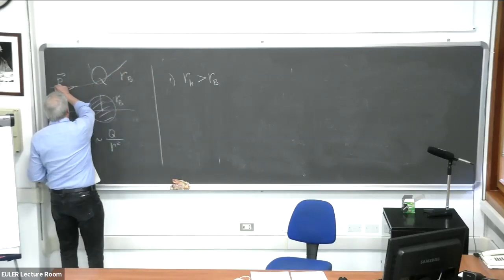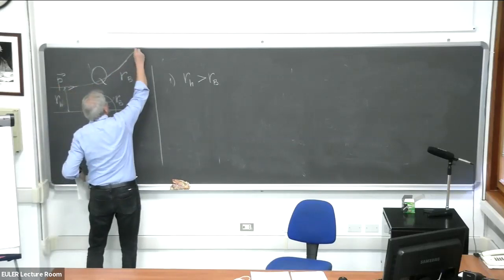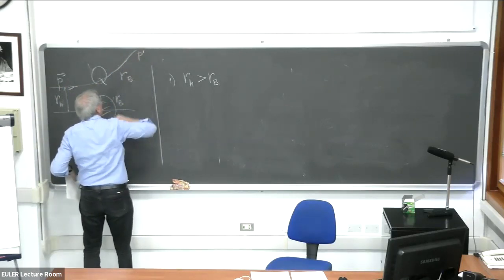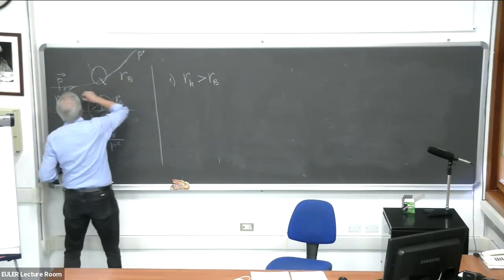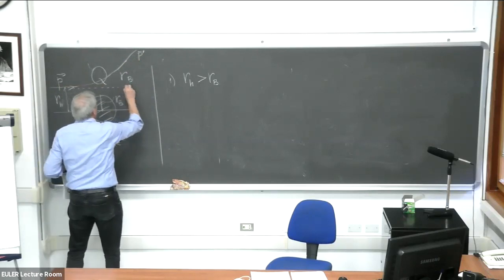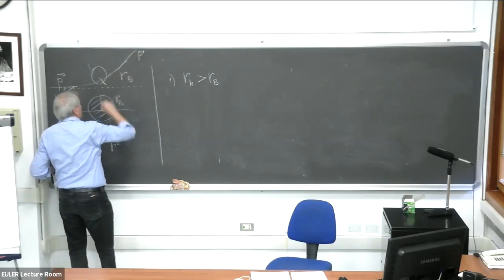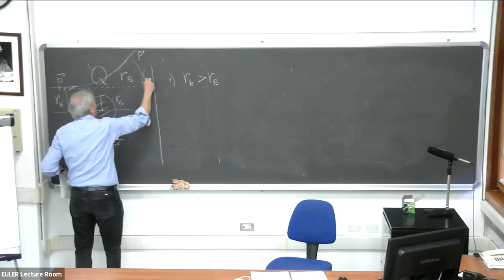So we can say that here is the initial momentum, and then after scattering, it has momentum P prime. And we are talking about the angle between the initial and final momentum. So that's the angle theta.